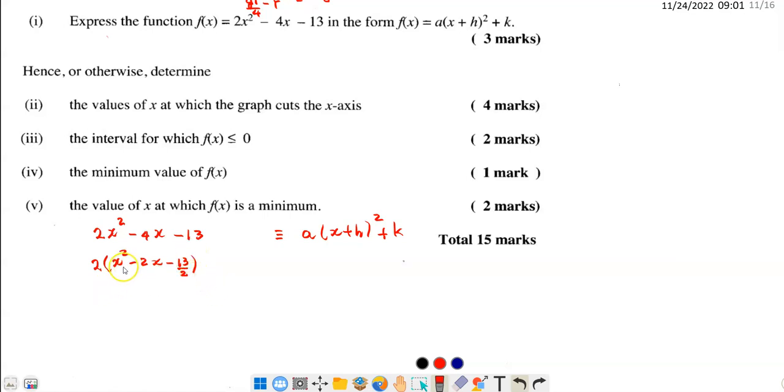The next step is to find half the coefficient of x. So half of that would be minus 1 all squared. And we have minus 13 over 2.